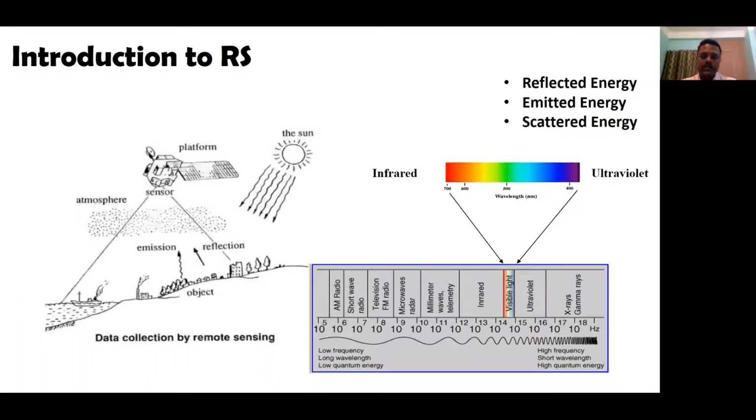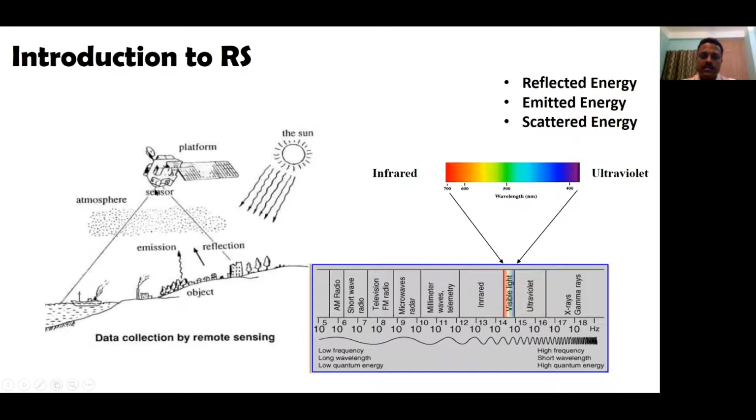Here in the slide, you can see some vehicles which are carrying some sensors. For example, if you look at the left-hand side of the screen, we have a satellite, and on board the satellite we have some sensors.